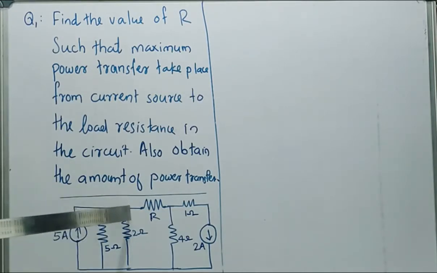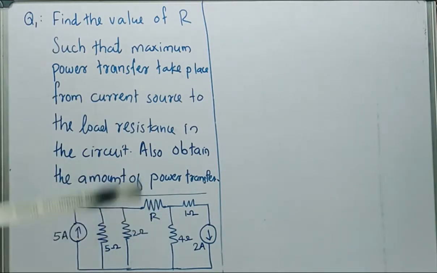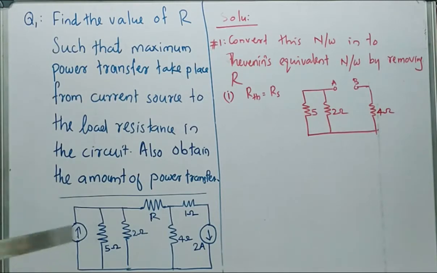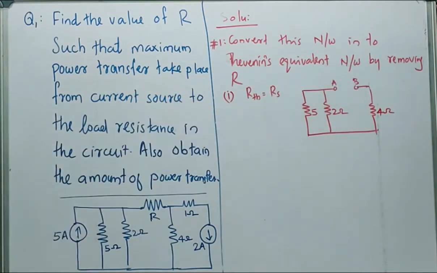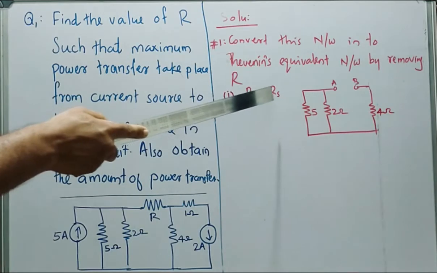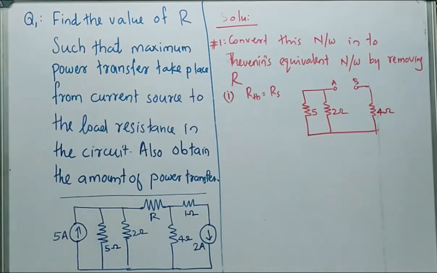First of all, we can remove the resistance which is of interest from this circuit, and in this circuit we can find VTH, that is Vs, and RTH. So in this circuit, first we remove R and mark the open circuit terminals as A and B. Then let's see how to find Thevenin's equivalent resistance, that is, the source resistance Rs.